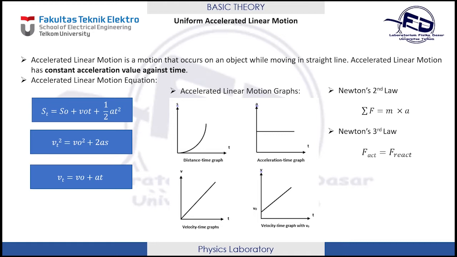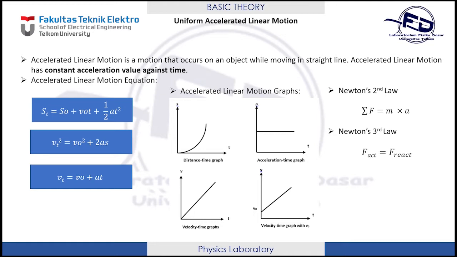And the other two are velocity time graphs. We can see that the velocity increases constantly with time. This is due to the acceleration value that doesn't change. The difference between the two graphs is that one of them has the value of Vo or initial velocity, which means that the object doesn't start from rest but is already in a state of motion which is then accelerated.